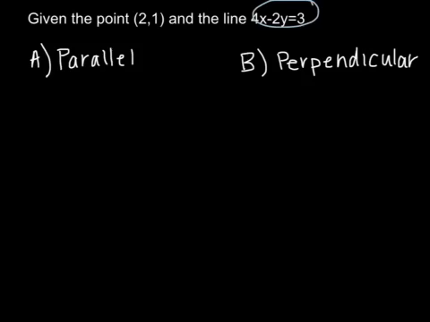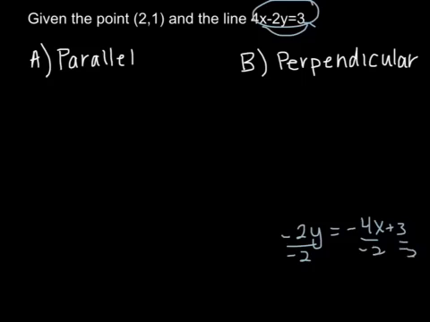So I'm going to start and say negative 2y equals negative 4x plus 3, because what I did is I moved this to the other side. Divide everything by negative 2, and I get y equals 2x minus 3/2. There's my slope.